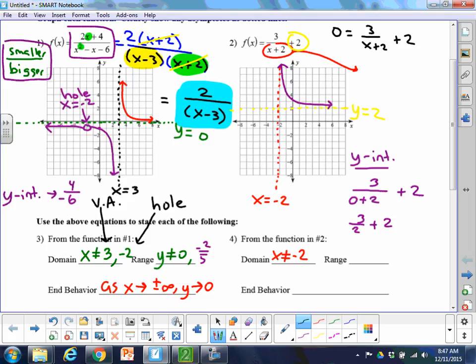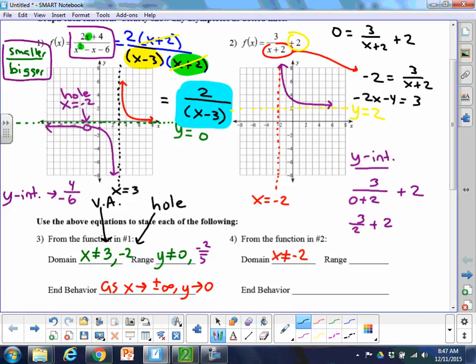And we would solve that for x. So I would first subtract 2 from both sides. Then you could multiply both sides by the x plus 2. So when I multiply -2 times x plus 2, I'm going to get -2x minus 4 equals 3. So I distributed the -2 to both of those.